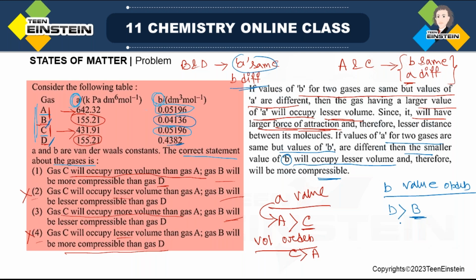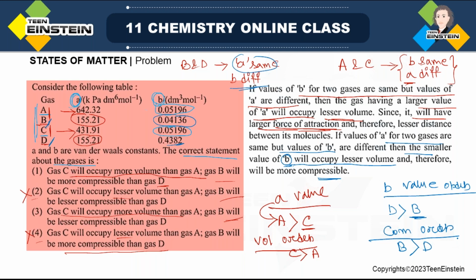So when the b value order is like this, the compressibility order is opposite, because the smaller value of b will occupy lesser volume.